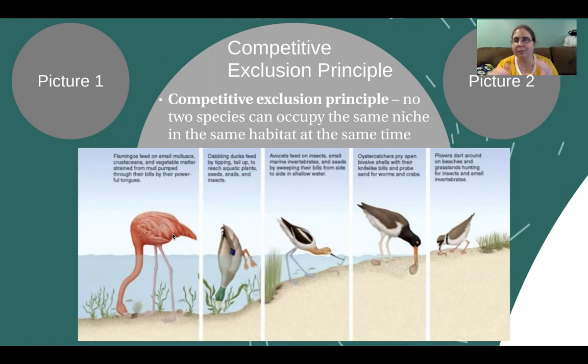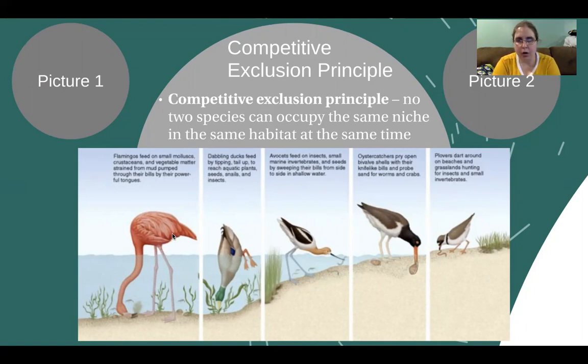Because if they're competing for every single resource, then their niches are much too similar. And that's going to lead to too much competition, which means either one will survive and thrive in that ecosystem. The other is either going to die out or have to leave and go find a new ecosystem with which to make its own niche.